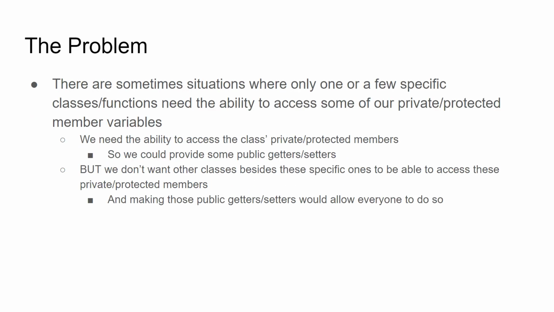But there are sometimes situations where only one or a few specific classes or functions need the ability to access some of our private or protected member variables. Again, we need access to those member variables, so potentially we could provide getters and setters to be able to do that.